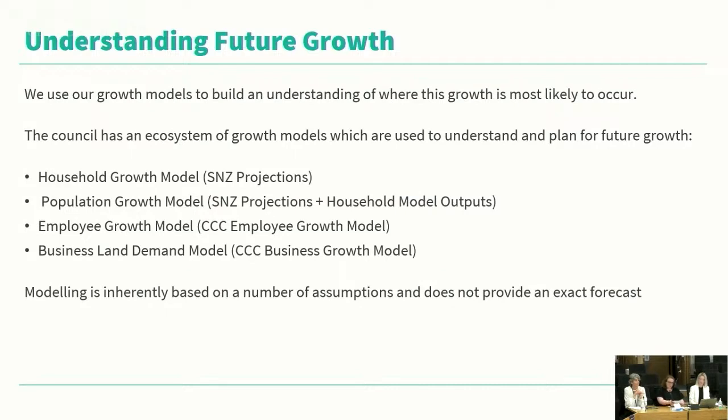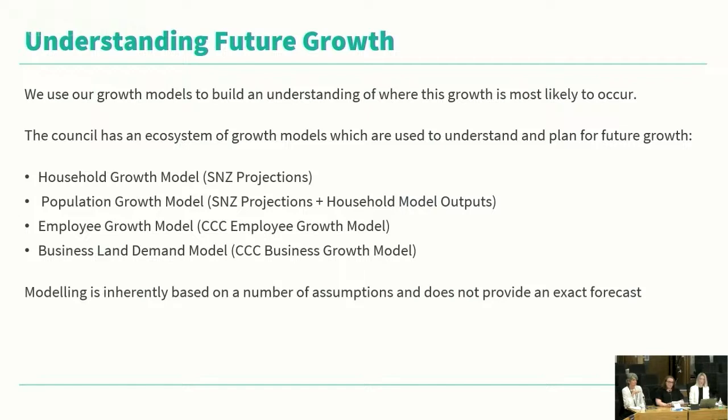In terms of the next stage, we use our growth models to take Stats NZ projections and model where the growth is likely to happen. The council has a suite of models which are listed up there that looks at the distribution of both household and business growth. There's a range of inputs that go into both of these models, and that includes projections from Stats NZ or our business projections, building consent information, zoning, feasibility information, and greenfield or ODP staging.